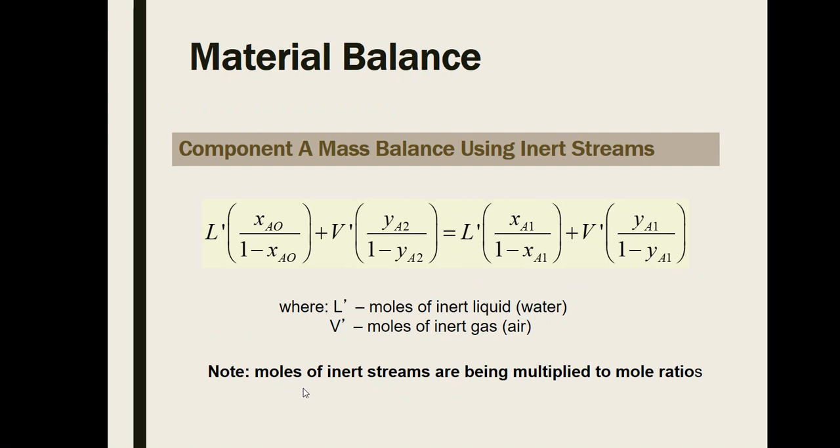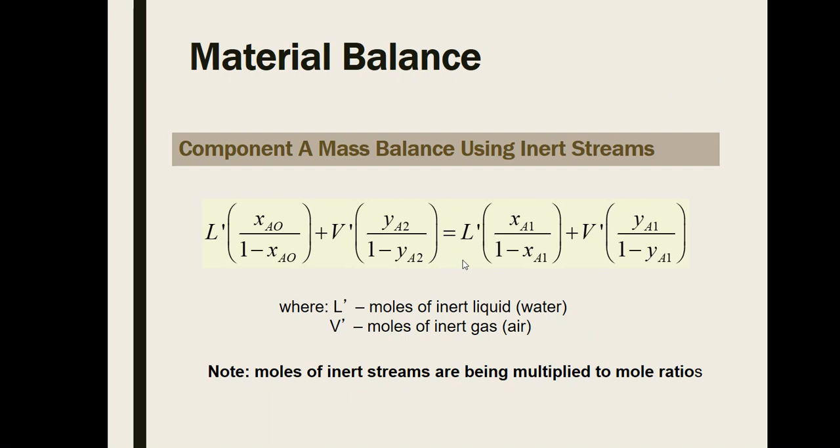Now, we have an option in cases wherein both the overall material balance and the component balance equation will not suffice or will not allow us to solve what the problem requires. So in that case, we can have an alternative component balance utilizing not mole fractions but rather mole ratios.